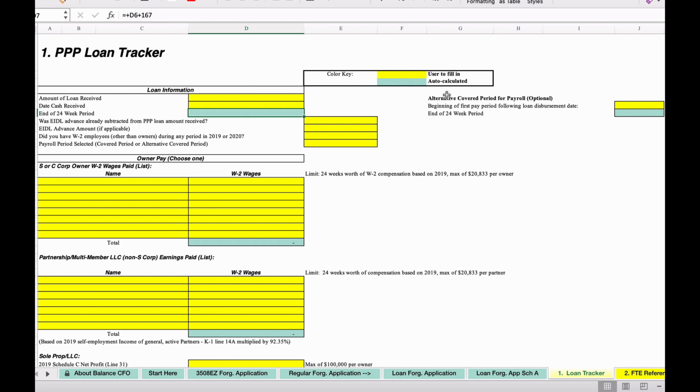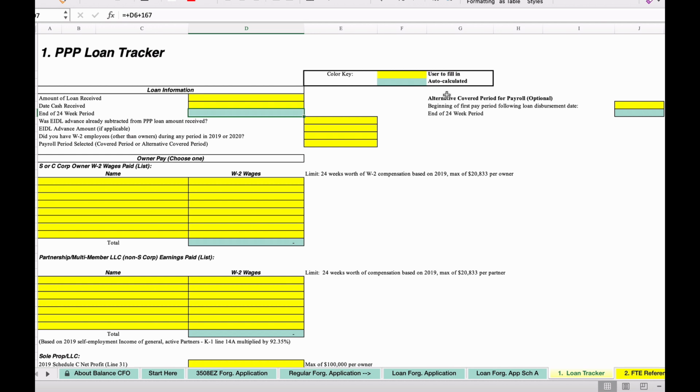The alternative covered period for payroll is specifically saying you can start the clock for your loan, instead of on the day you got it, on the first day after you received it that your next payroll period starts. So here's an example. Let's say you got it on the 25th of May, right? That's when your money was deposited into your account.